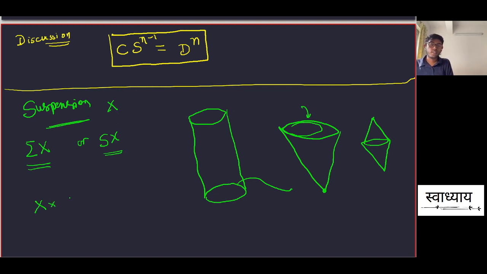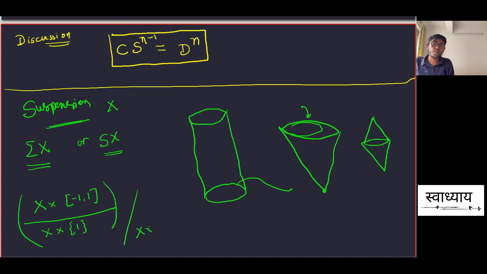I'll take X cross [-1, 1], and identify two things: X cross {1} and, in this space, X cross {-1}.